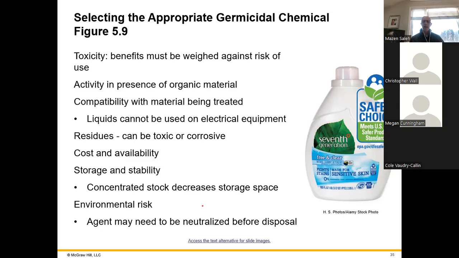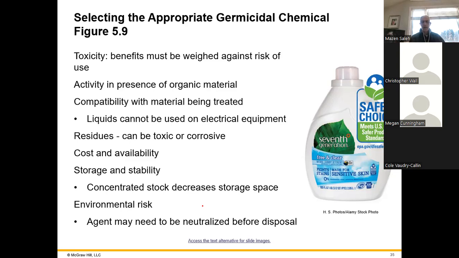Presence of organic material other than the microbes themselves will interfere with the process because it will end up consuming some of this chemical during the process, thereby reducing the effective concentration of that chemical agent. So if there is heavy organic contamination of your sample, other than the bacteria, whether it's foodstuff or otherwise, it means you need to increase the concentration of your chemical agent.